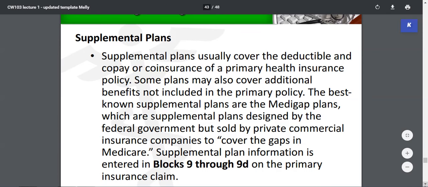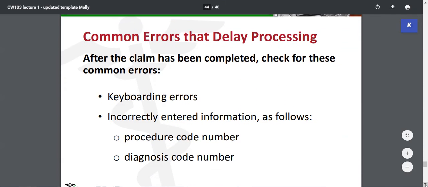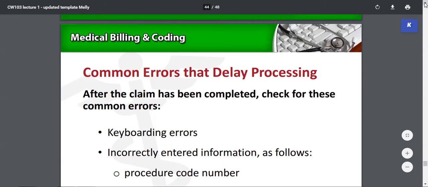Now, I don't know if you remember this, and I really don't remember talking about it, but I think I talked about it in your very first PowerPoint, types of insurance. Remember that the deductible has to be paid first before the insurance will kick in and pay its portion.